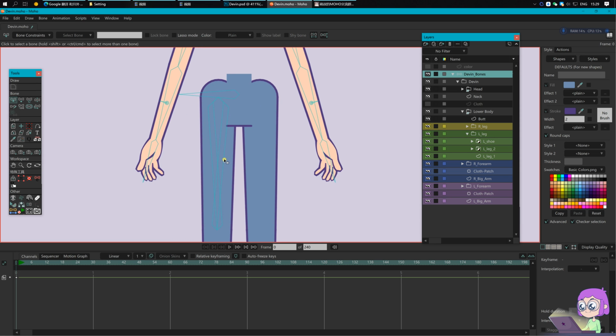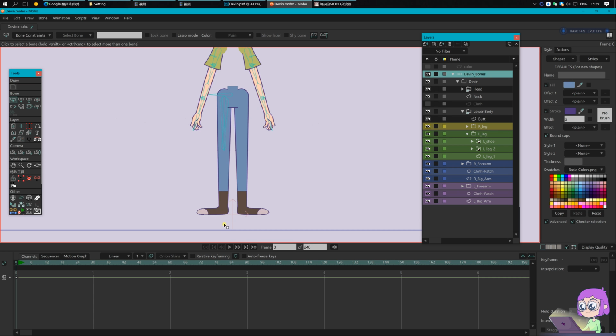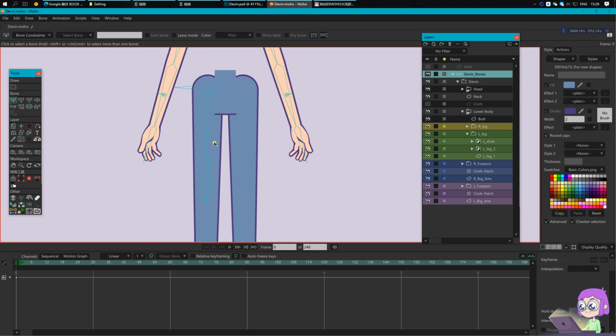Then it is important to note that the character's leg needs to be controlled by the target bone, so they cannot connect bones to the thigh bone.